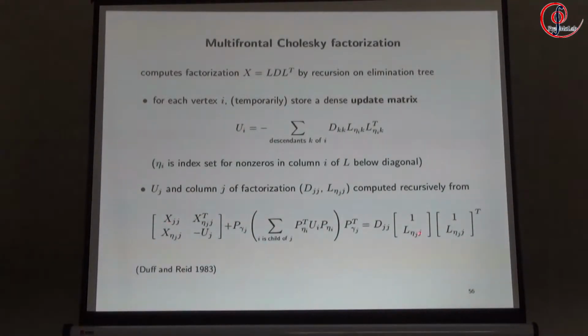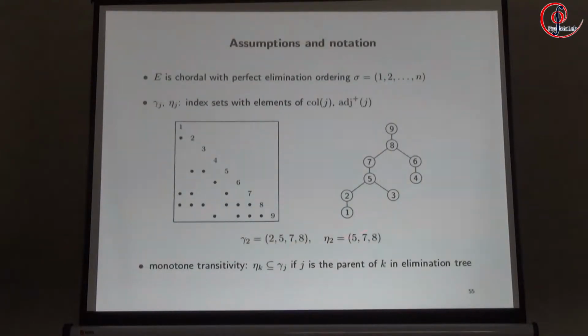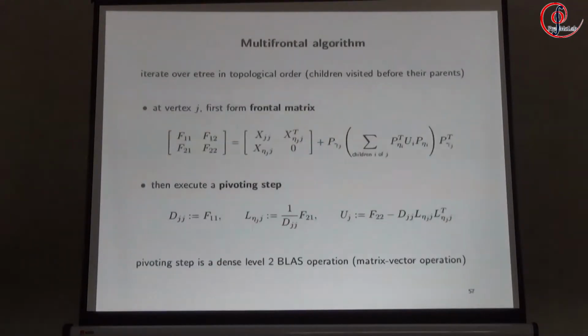And then from this, from the first column, you can get column J of the factorization L, and also the new update matrix for vertex J. So in the outline, the algorithm looks like this: you process the vertices in topological order, starting at the leaves in any order, but you always visit the parent after finishing all the children.